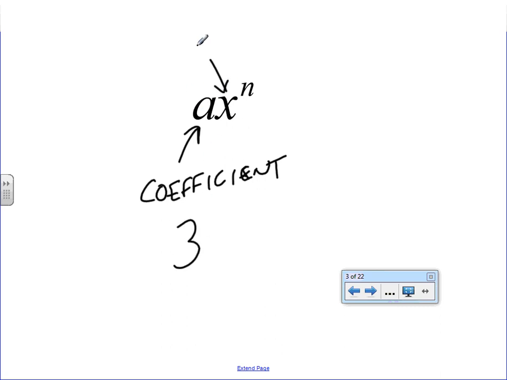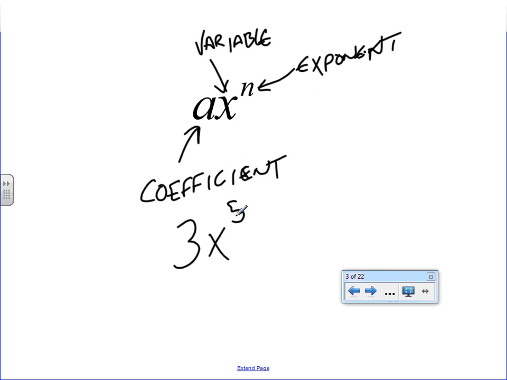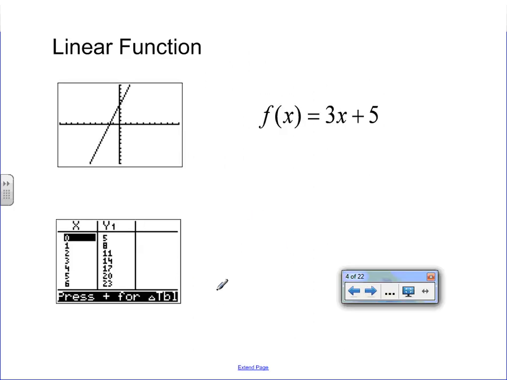Anytime we have a letter like this, it's called a variable, like x, sometimes y. Typically variables are towards the end of the alphabet for some reason. And this, when it's written this way, is an exponent. So 3x to the 5th power: coefficient, variable, exponent, just so we're aware of the notation.